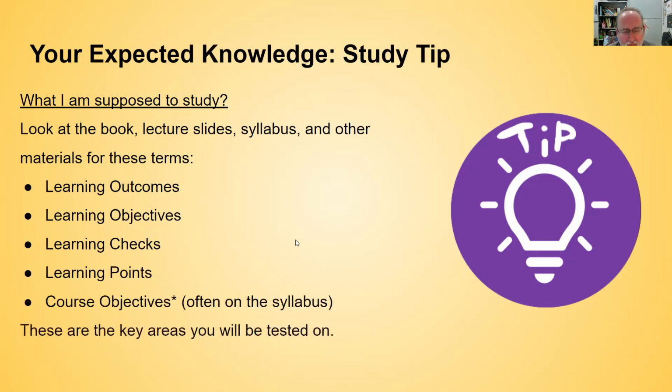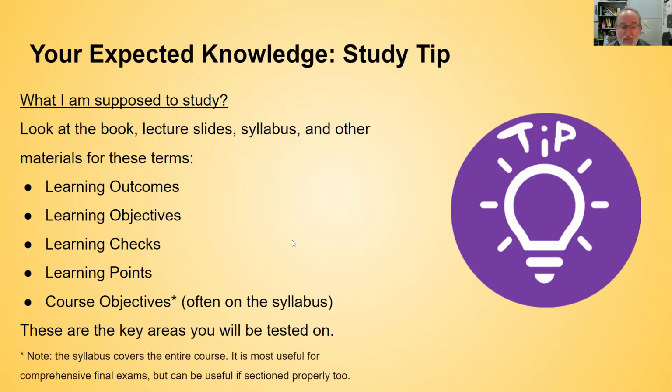These are key areas that you're going to be tested on. These are areas that you're going to need to study. Now, I will note that the syllabus and the course objectives cover the entire course, so it's really useful when you have that comprehensive final exam to study. But you've got to make sure it's sectioned properly when you're studying for maybe exam 1 or exam 2 or exam 3. So keep that in mind too.